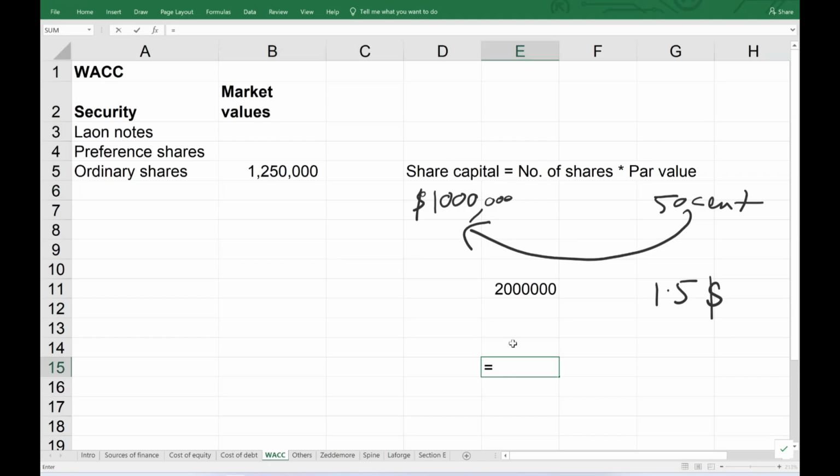Multiply by 1.5, so 2 million multiplied by 1.5 is 3 million, which is the market value of equity. Understand? Okay, so this is the way to find the market value if it is not given.